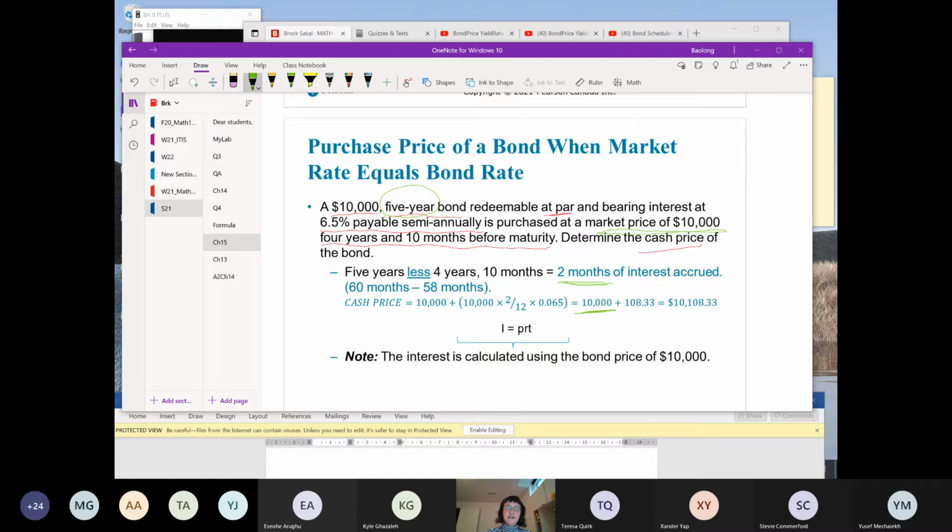Remember interest from chapter 7, I equals PRT. P equals 10,000, R is 6.5%, and T is 2 months.